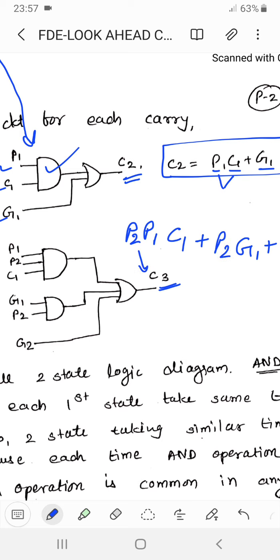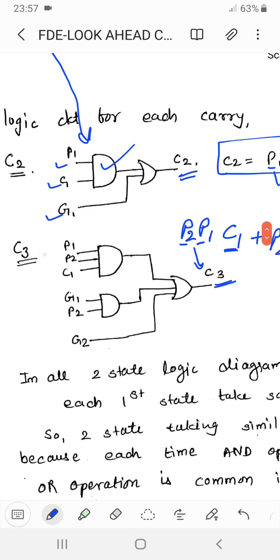So this is your carry bit for the third full adder. At this moment also, this is the AND product of P1, P2, C1. Then the second AND product is G1 and P2, and both AND products are added by the OR gate with G2. So it gives you the C3.